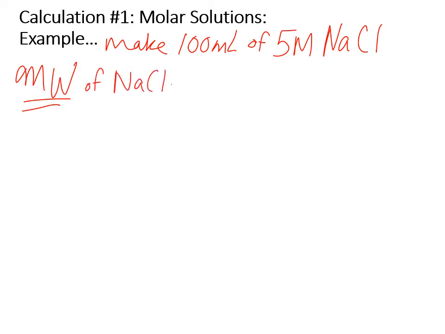Like I said, you would either get that from the side of the bottle itself. So if you're in the lab, you would grab the bottle of powder and on the label, it would tell you the molecular weight. Or you would Google it and find out that the molecular weight of NaCl is 58.46 grams per liter.